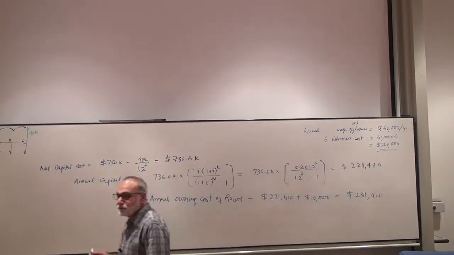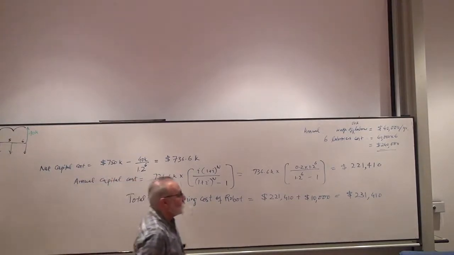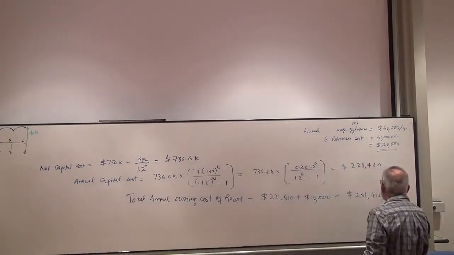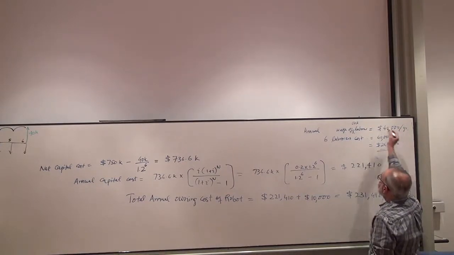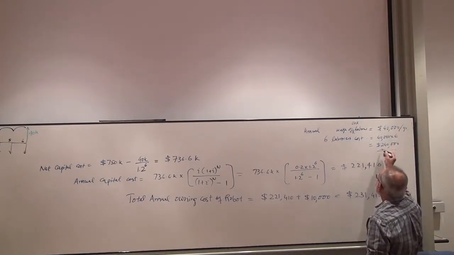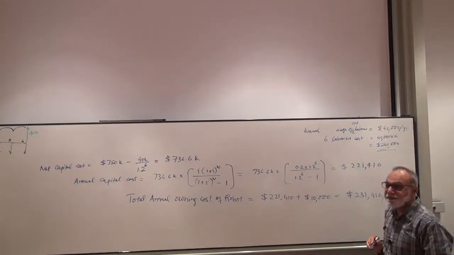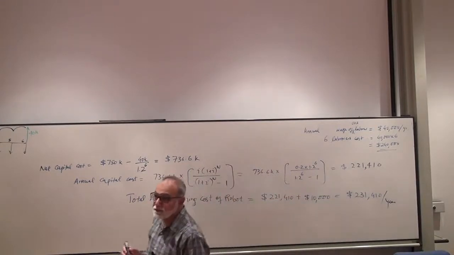But that's replacing just for 1 year, not for 6 years. This is annual owning cost, per year, right? This is also per year, 40,000 for one laborer. So 6 laborers is 240,000, right? Everything is per year.